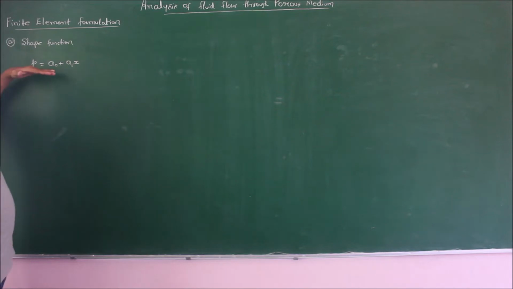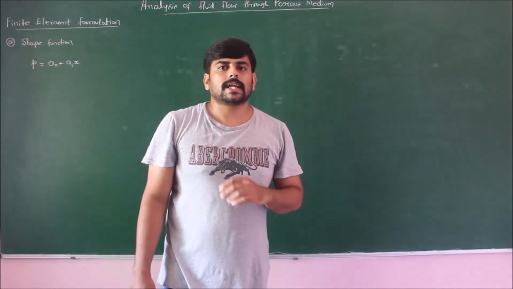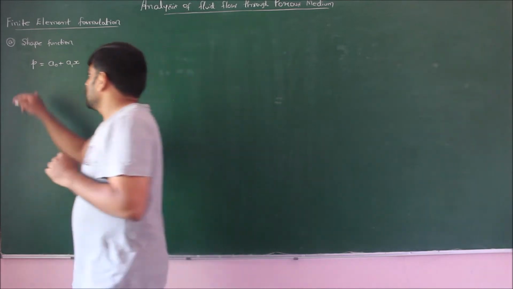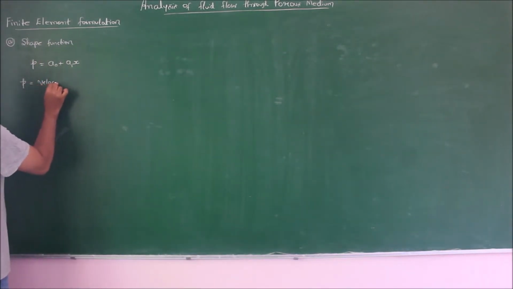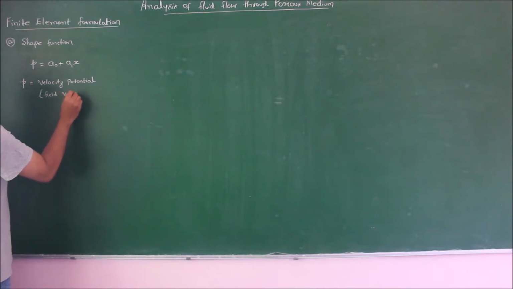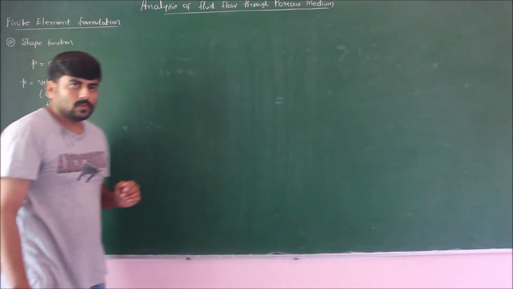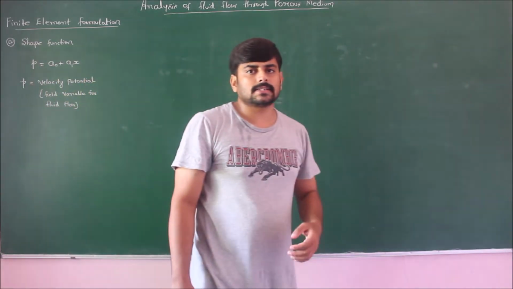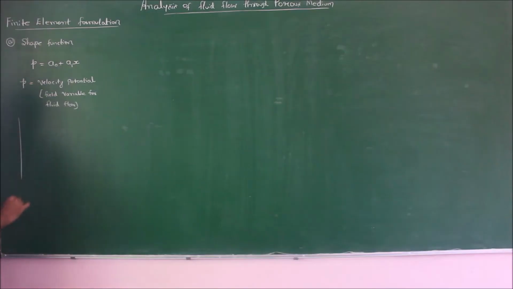As we all know, this is the simplest polynomial equation for simplex element which satisfies the convergence criteria, whereas P is nothing but velocity potential, which is the field variable for fluid flow, which is analogous to displacement in structural analysis and temperature in thermal analysis.